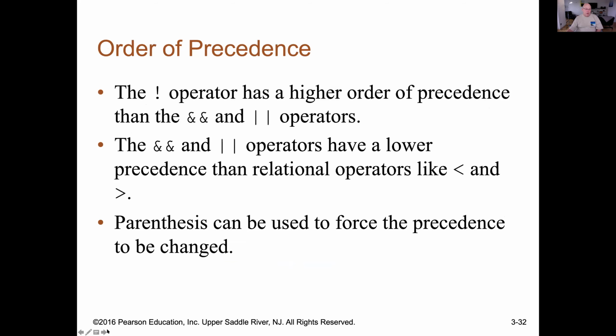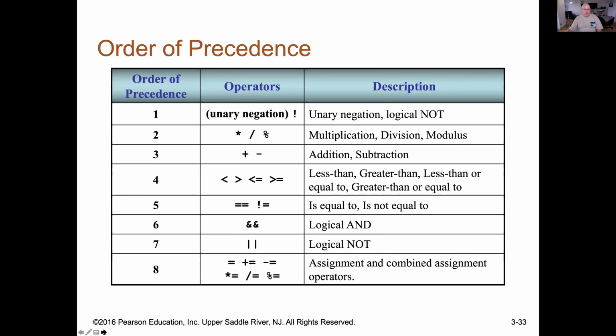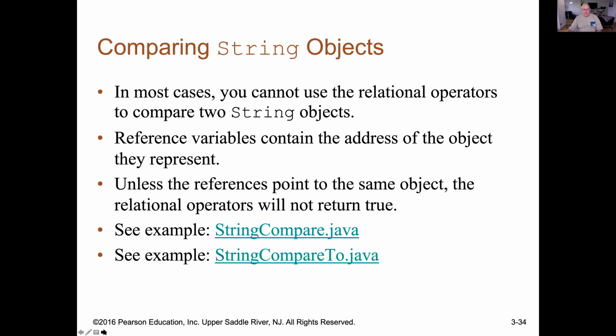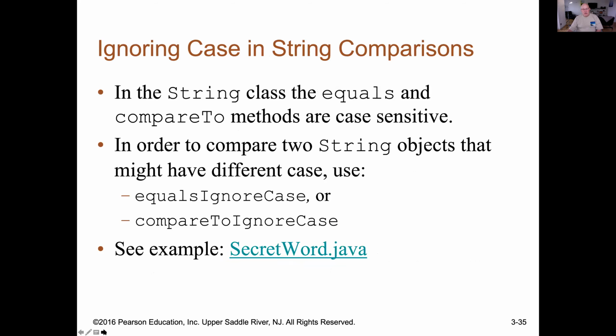This just shows you the order of precedence. This is a good chart to keep. Comparing string objects, ignoring case and string comparisons.